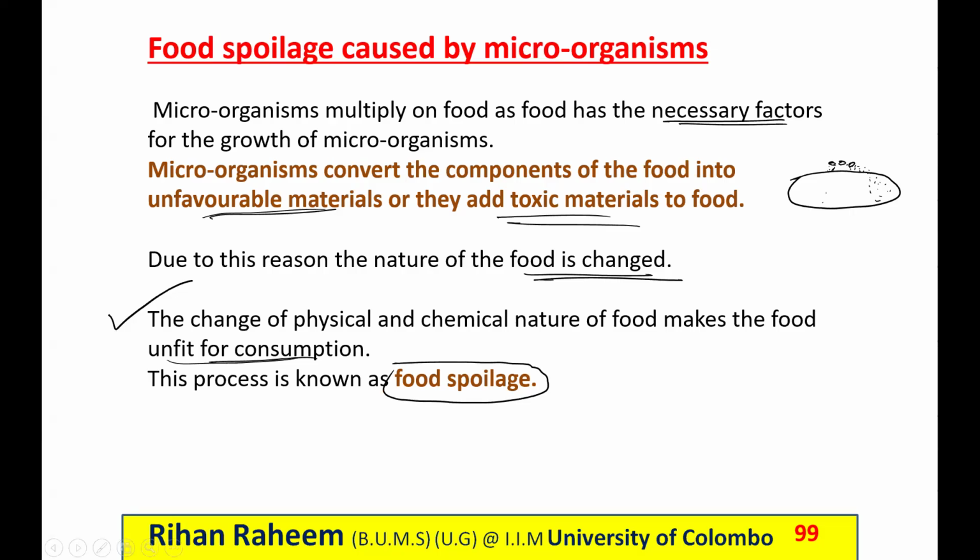Listen to this carefully: when the physical nature or the chemical nature of the food is changed and the food becomes unsuitable, unfit for consumption, we can't eat it, that is what is known as food spoilage.